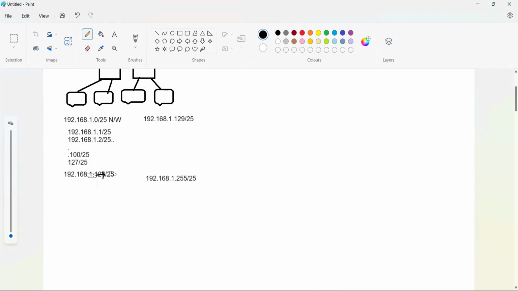We have limited IP addresses, and in that we need to use them correctly. For broadcasting also we can use it, right? With subnetting, after this one to this one, we can broadcast. We don't want to broadcast for everything.